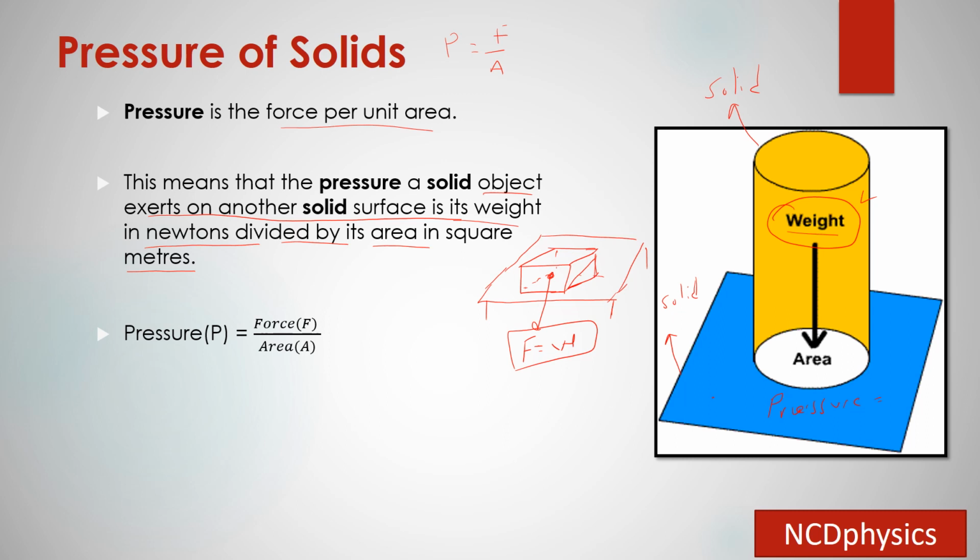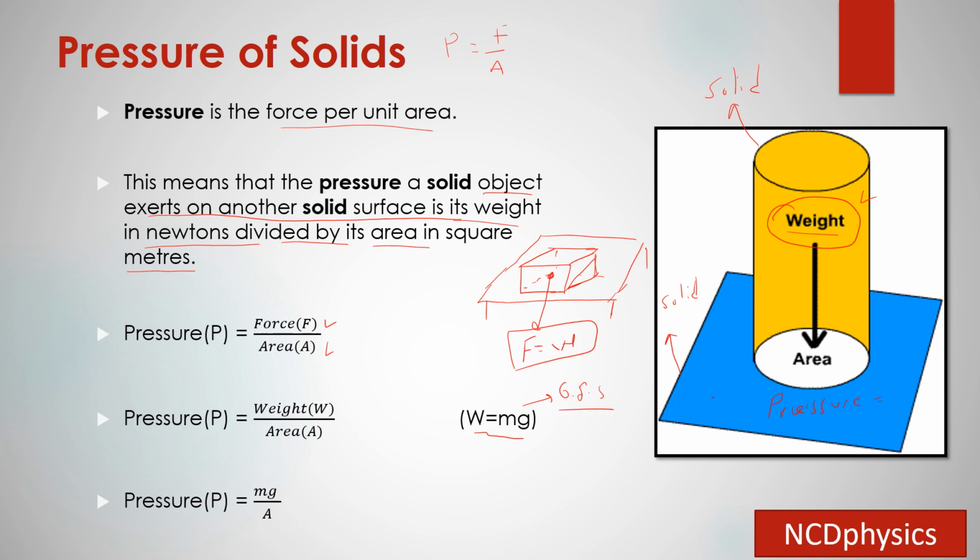The main formula of the pressure is equal to force over area. But here, which kind of force is that? Gravitational force, which we call the weight of the object. So weight over area. Then the weight is equal to mg, mass of the object multiplied by gravitational field strength.